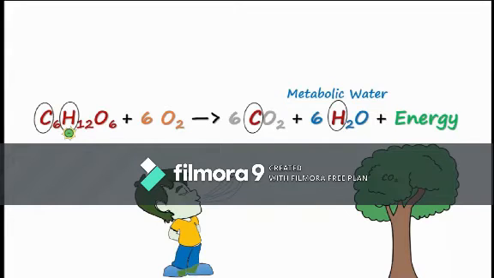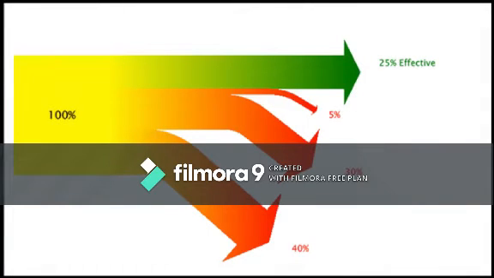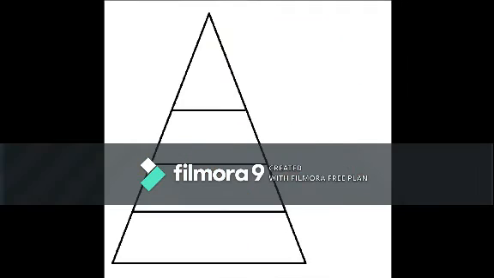Since all organisms require energy for respiration, a huge amount of energy will be lost when the energy is passing to the next level. For instance, if the energy taken by the producers is 100%, only 10% of the energy will be passed on to the next level, which are the primary consumers.